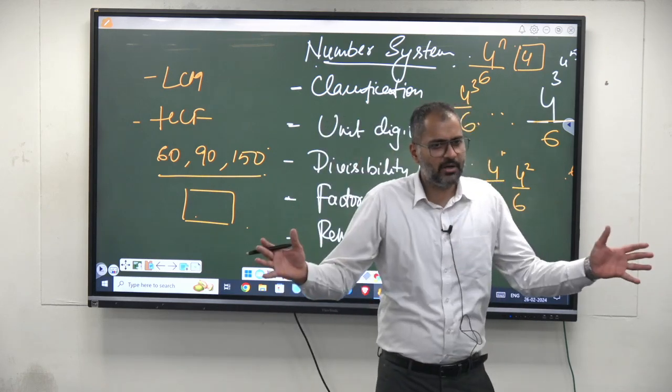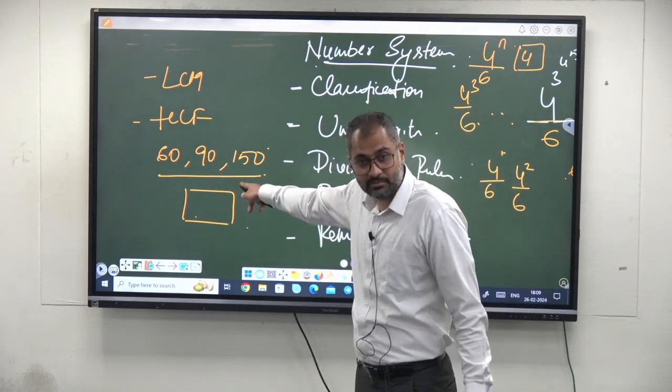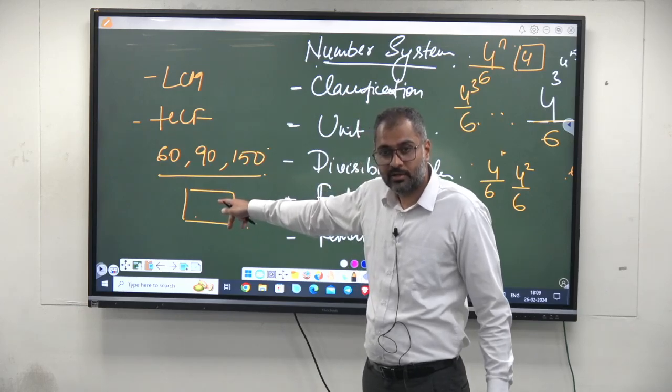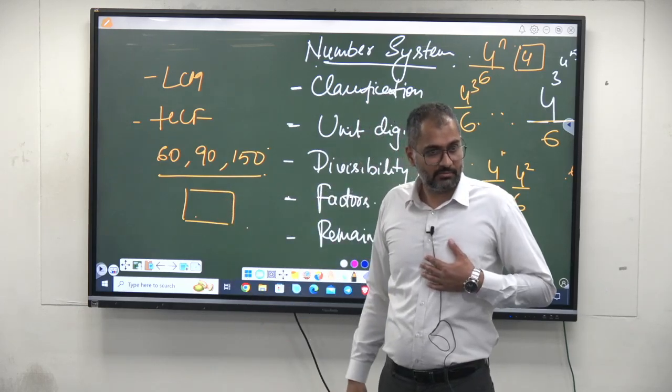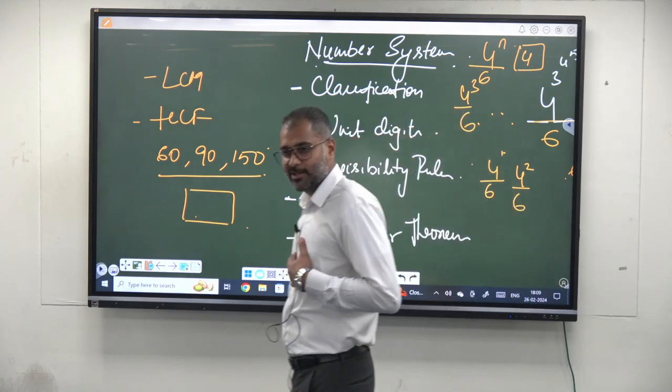The largest number which when divided into all these numbers, the remainder has to be 0. What am I asking here?